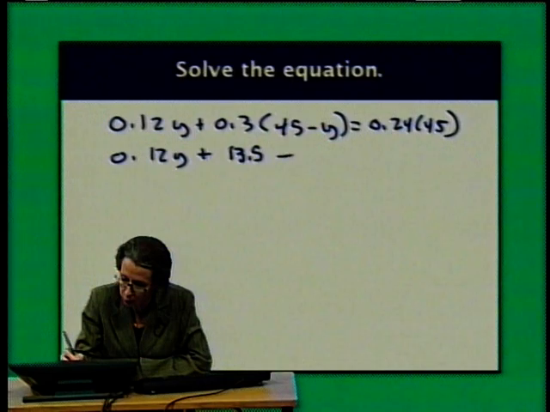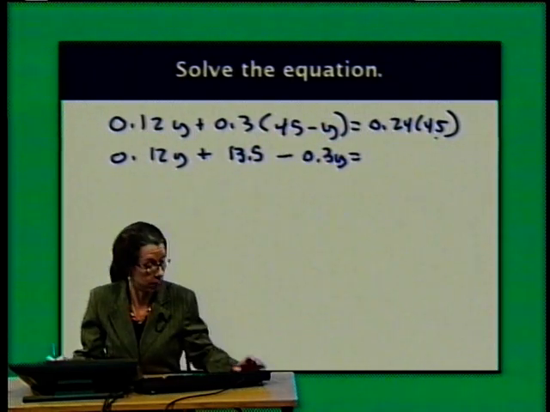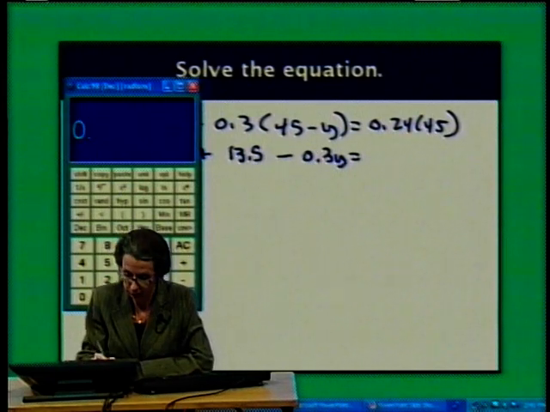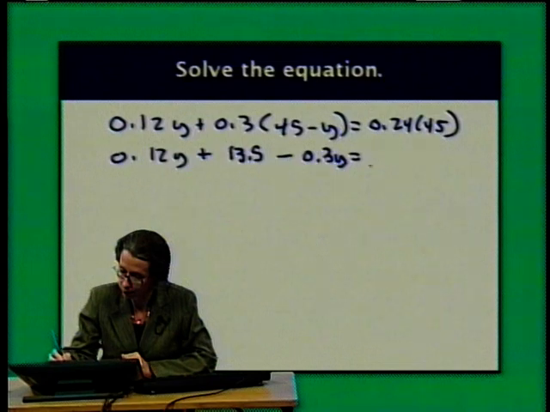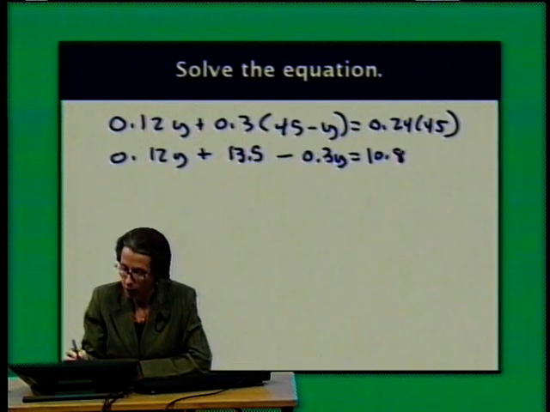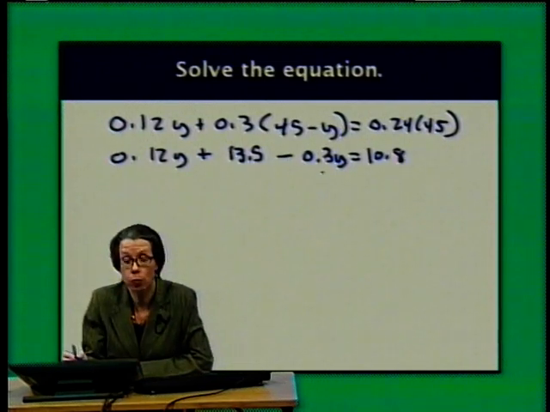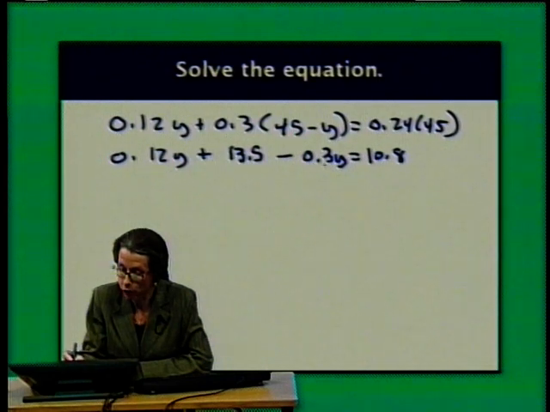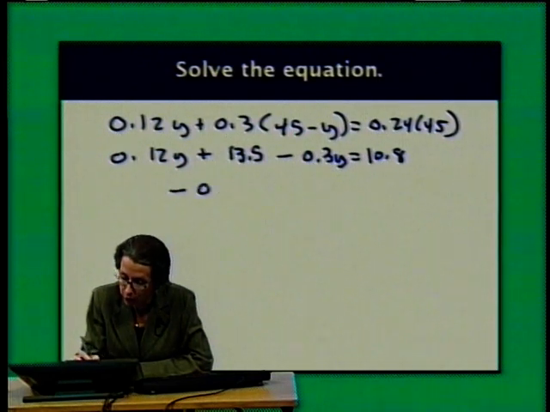So I have 13.5 minus 0.3y. And I also need 24% of 45. That's 10.8. So combining like terms on the left-hand side, 0.12 minus 0.3 is negative 0.18.